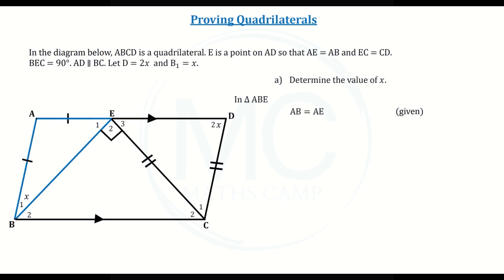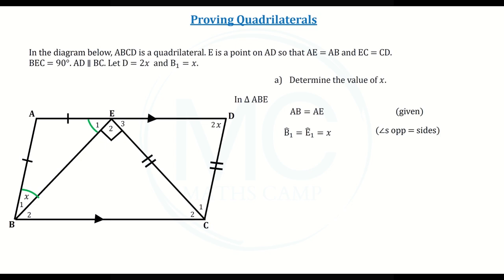We also know that angle B1 is equal to angle E1, and both of these are equal to x because these angles lie opposite equal sides. Let's mark these angles in our diagram in green. And now we can make our triangle black again.